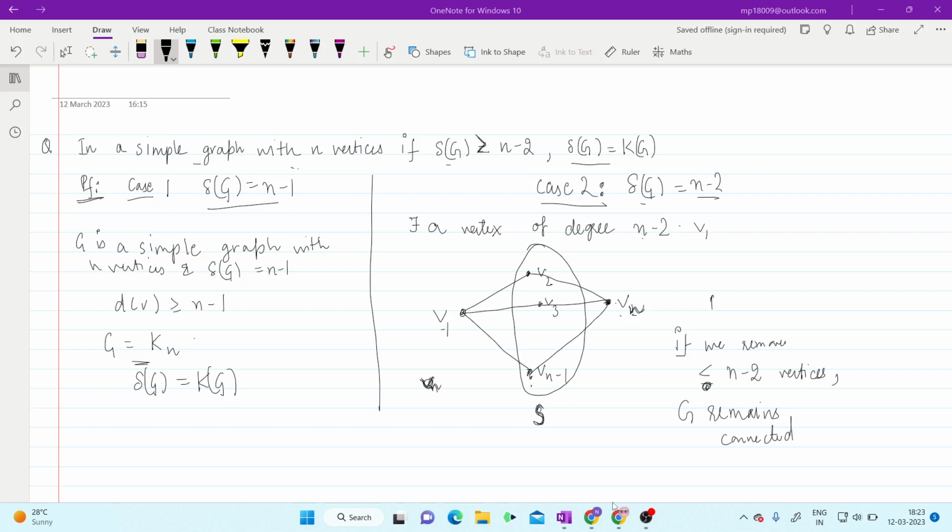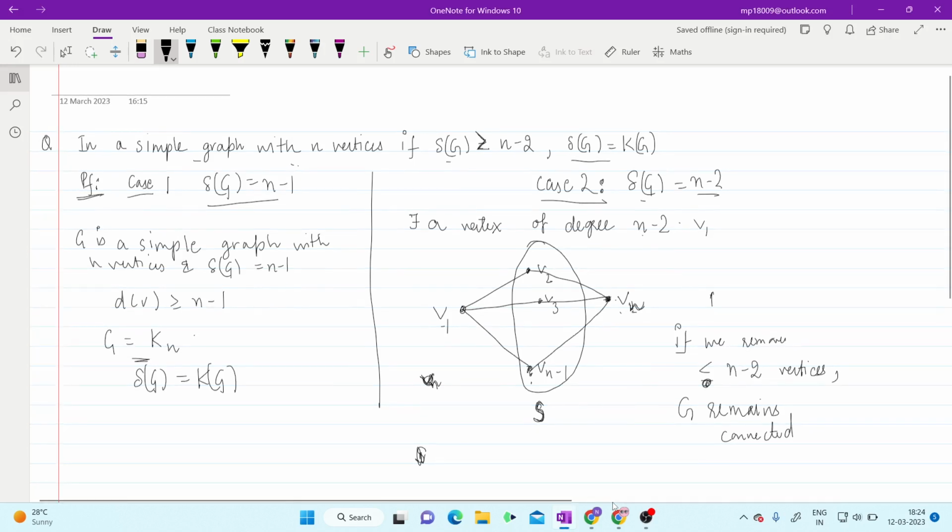Can you see that? Basically we have to show that if we remove any n minus 3 vertices, this graph remains connected.